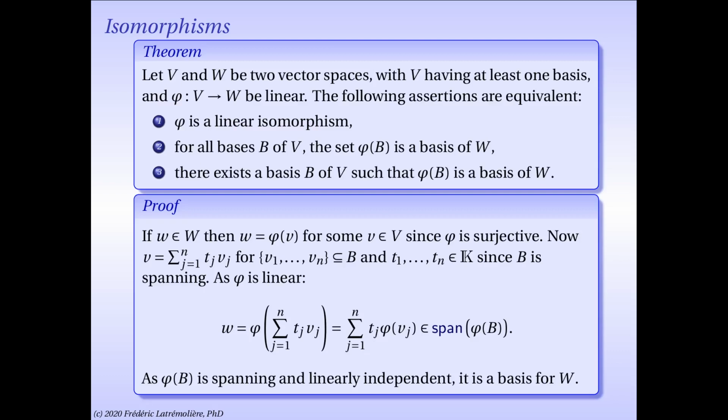Now, since B is a basis, V is a linear combination of vectors in B. So I'm going to write V as T1 V1 plus etc. plus Tn Vn, with again the T's scalars, and V1 to Vn some subset of B. As phi is linear, omega equals phi of V, so it's equal to phi of that linear combination, T1 V1 plus etc. plus Tn Vn, but it's then equal to T1 phi of V1 plus etc. plus Tn phi of Vn. And that's in the linear span of phi of B. By definition, it's a linear combination of vectors in phi of B. So phi of B is spanning and linearly independent, and therefore, by definition, it is a basis for W. So 1 implies 2.